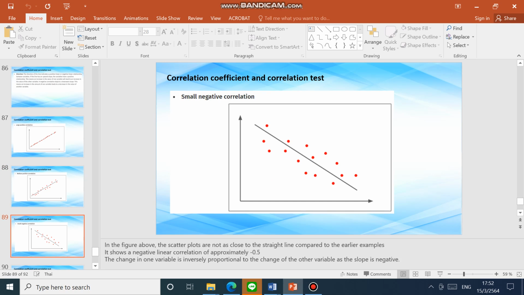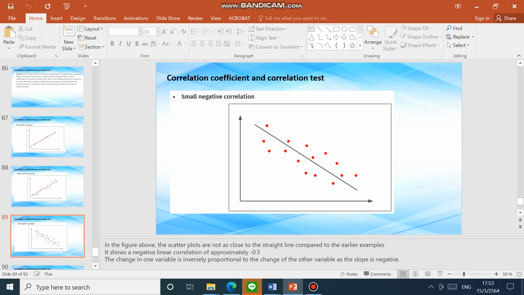How about this figure? Small negative correlation. It's the opposite, going downward. You can see the scatter plots are not as close to the straight line compared to the earlier examples. So it shows a negative linear correlation of approximately minus 0.4, 0.5.